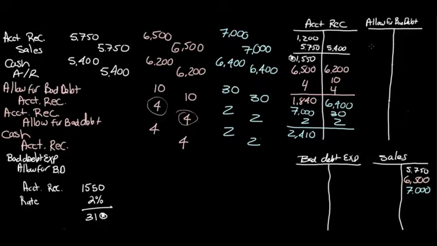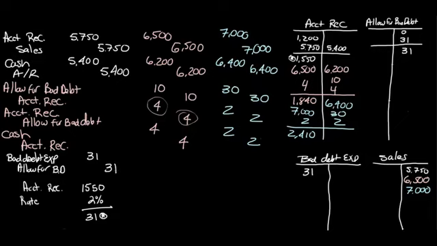This is the amount I want when I get done with the allowance for bad debt. So I want $31 in there. Well, I have none in there to begin with. So my journal entry will be $31 to the bad debt expense and $31 to the allowance for bad debt. You see how that works?